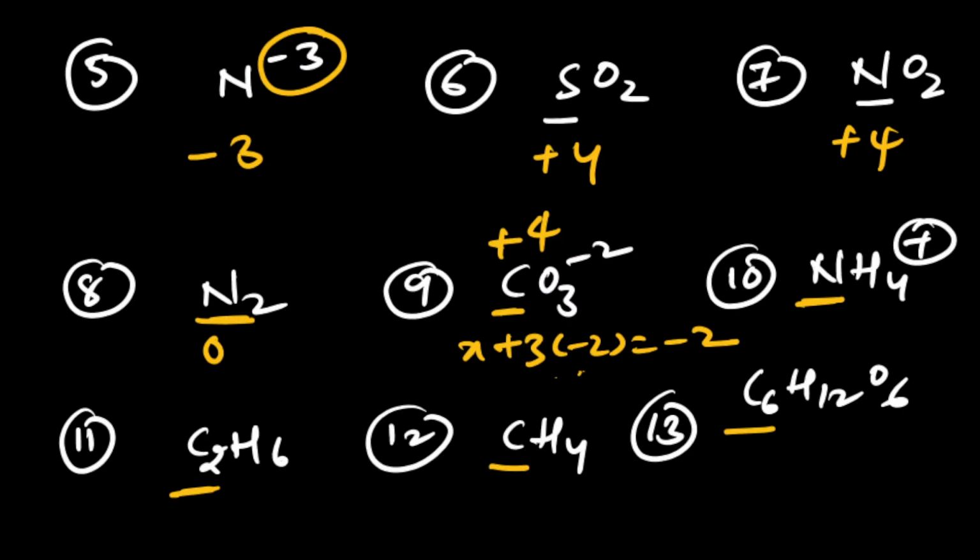Here, if you send it to the right hand side, it will become minus 6. After that, if you divide by 2, this is minus 3. Good. Eleventh one is also minus 3. Twelfth is minus 4. Good. Twelfth is minus 4.